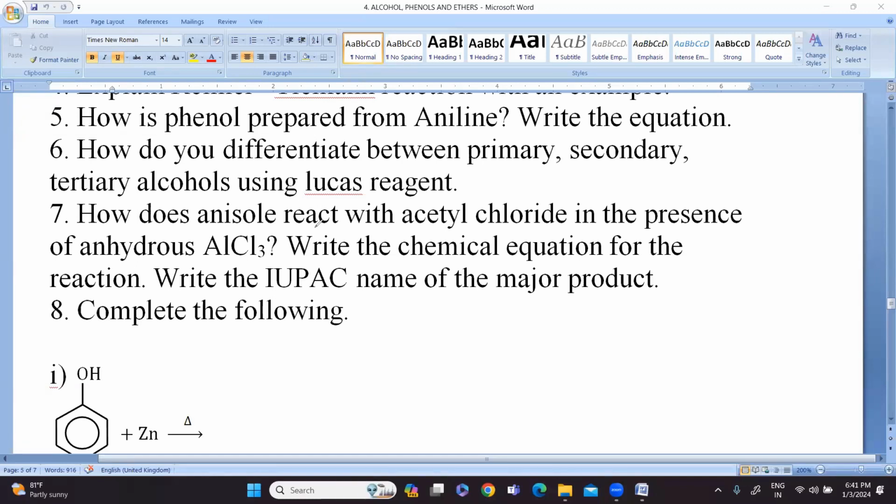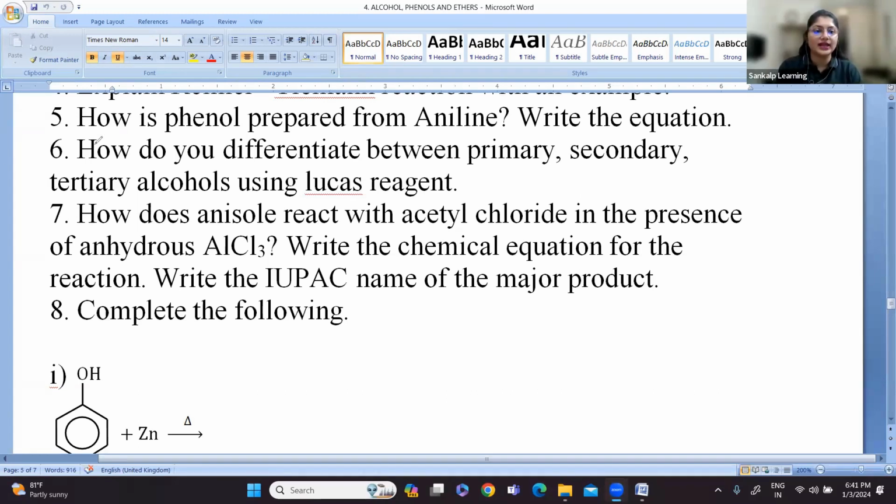Yes, students. How does anisole react? What is anisole, students? How does anisole react with acetyl chloride in the presence of anhydrous AlCl3? So you have to write the chemical equation of the reaction, and you have to write the IUPAC name also for the major product.